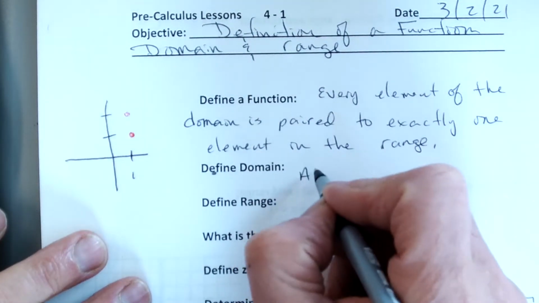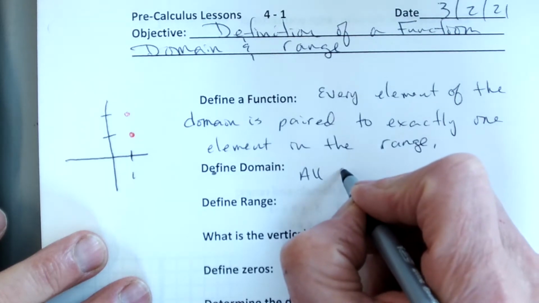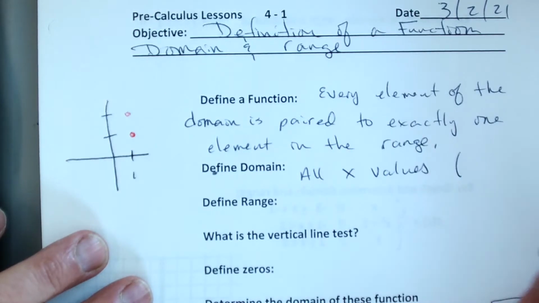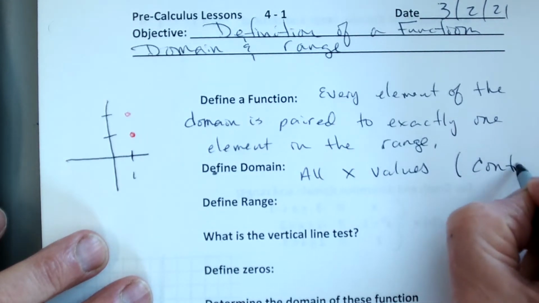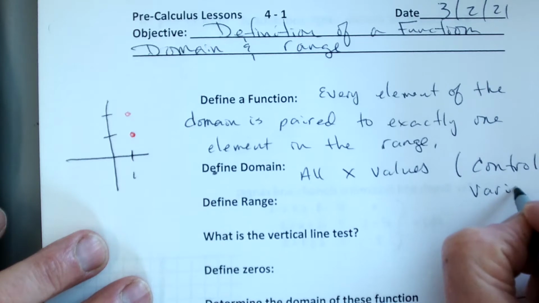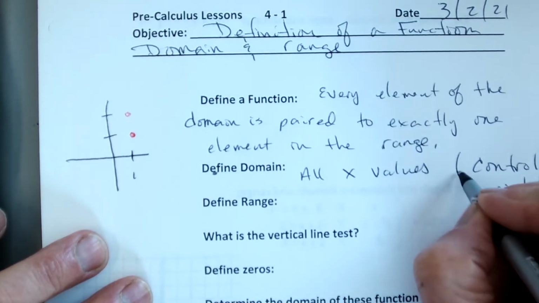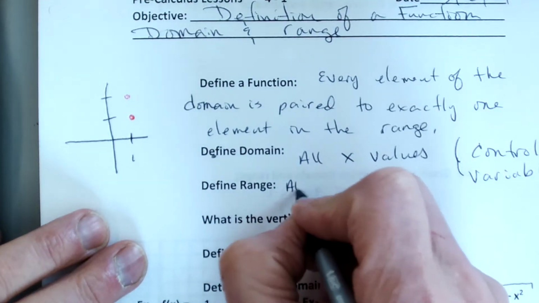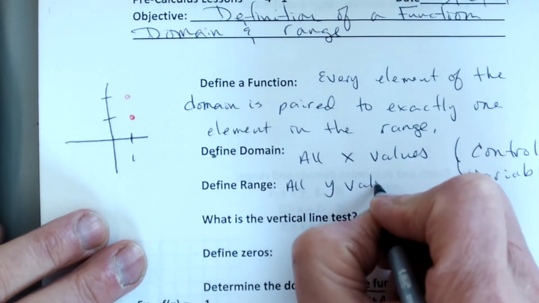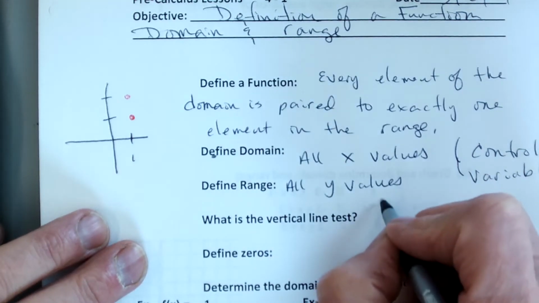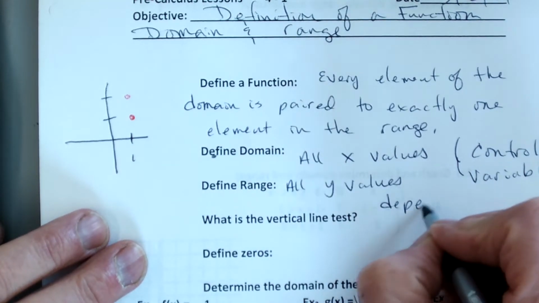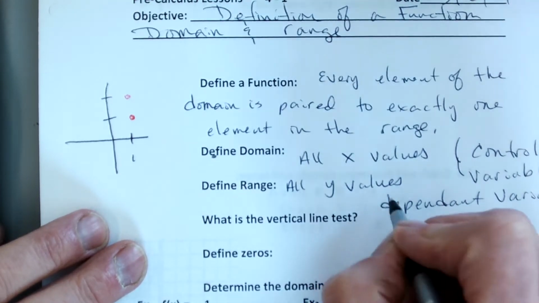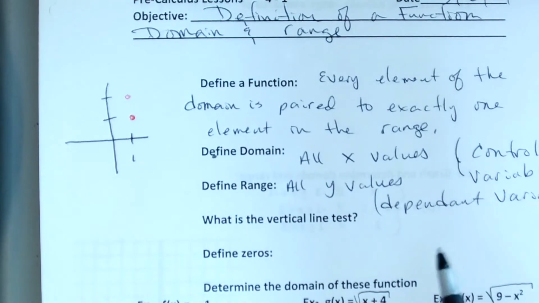Domain is all x values, or a control variable, and the range is all y values, or our dependent variable, then you get the same thing.